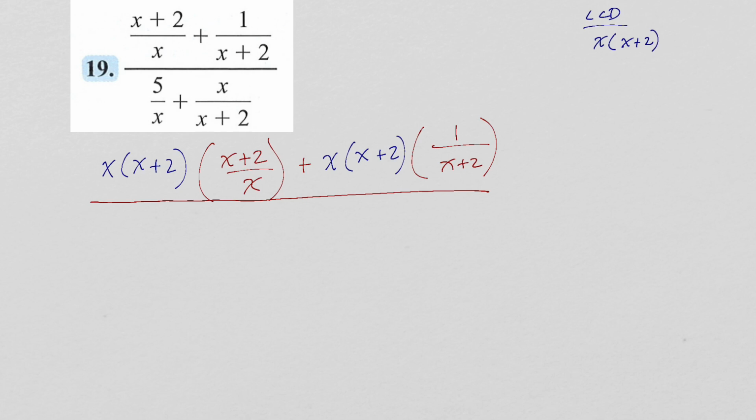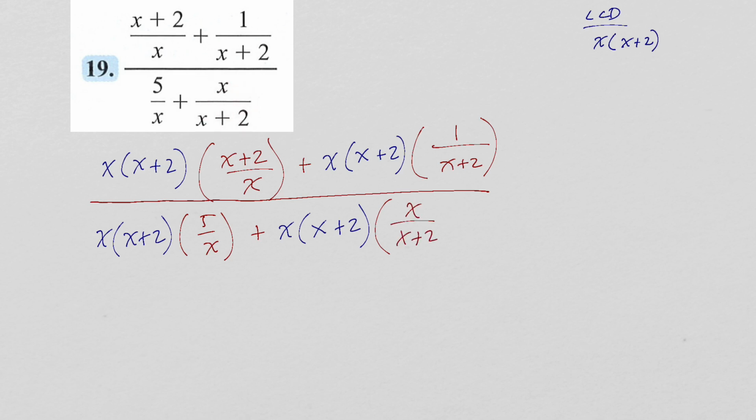And then I have my common denominator, and I'm going to multiply by this, and then I'll take my denominator, and I'm going to multiply by this. And then I'm going to start canceling wherever I can.